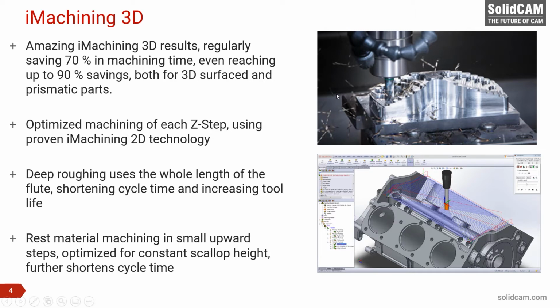And then we remove the scallops or the rest material in small upward steps optimized for constant scallop height, and it further shortens the cycle time for machining any kind of 3D part, whether it is a sculptured surface or it's a prismatic part.